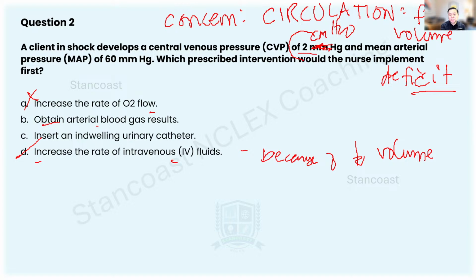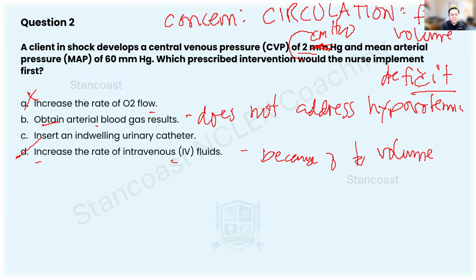Obtaining arterial blood gas. It is also important to check into the arterial blood gas, but it doesn't address the hypovolemia. And letter C, inserting a Foley catheter.